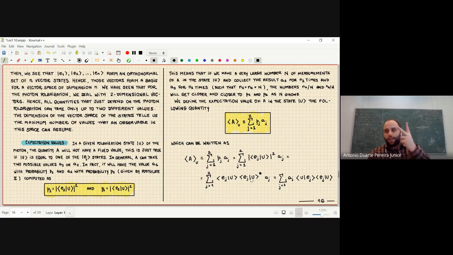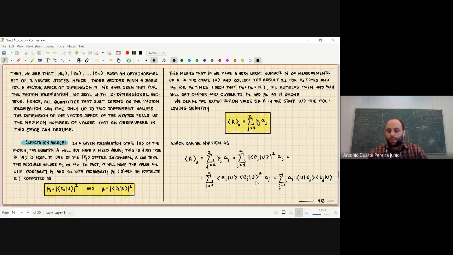Remember, for real numbers, if I replace the order of the vectors in the scalar product, I don't change the scalar product. But for complex numbers, if I exchange the order of the vectors, then I get the complex conjugate. So if I exchange the order here, this will give you U Ej.